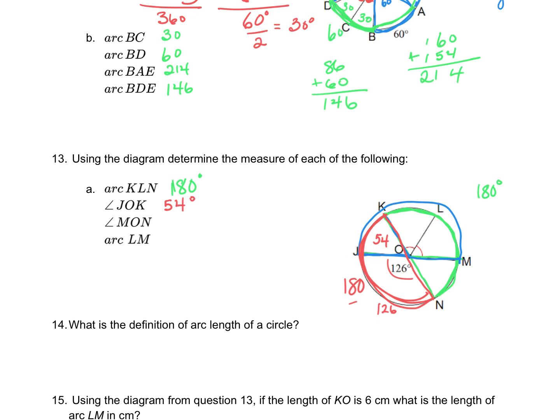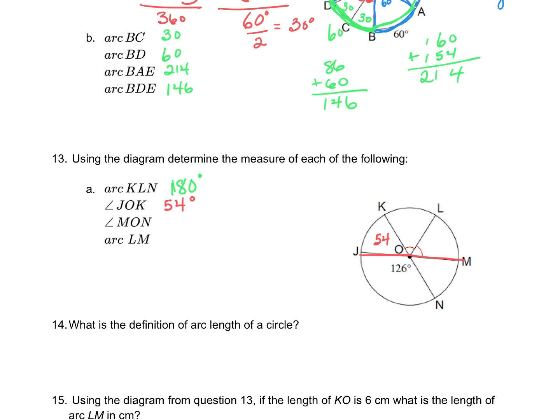Okay. Now, angle MON. I want you to notice something. Now, I know it's on a circle, and maybe it might be easier if I get rid of some of this stuff here so it's easier to see. But we said that this was 54, and we're looking for MON.